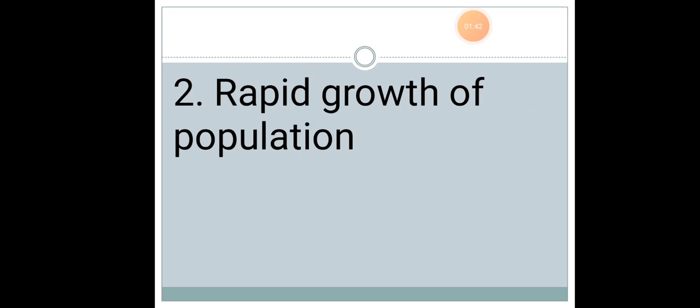Next one is about rapid growth of population. When there is an increase in the population, will there be an increase in the job opportunities? No. For example, if in an office only 10 members can be accommodated or recruited, even if the population increases, the job opportunities are not affected.